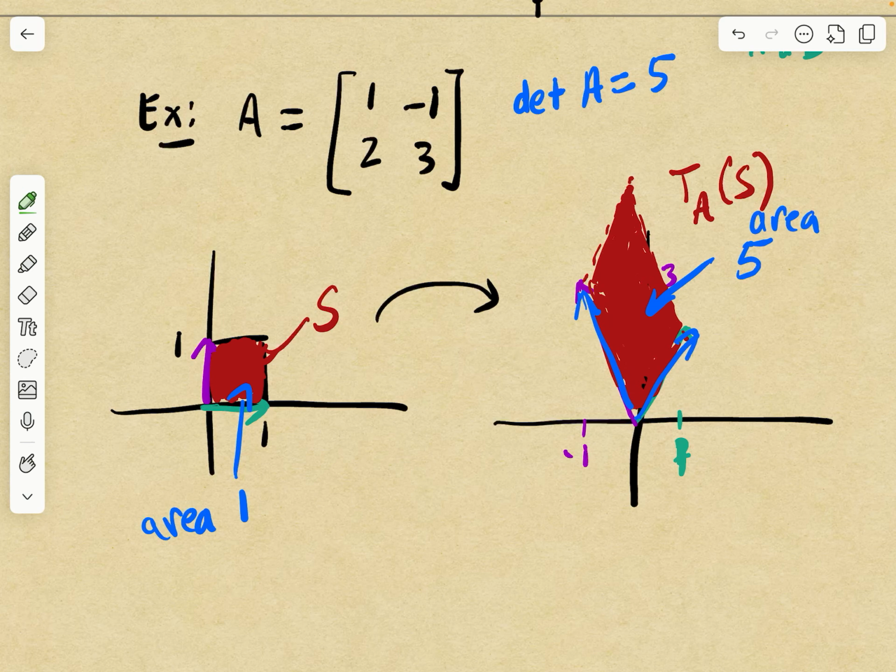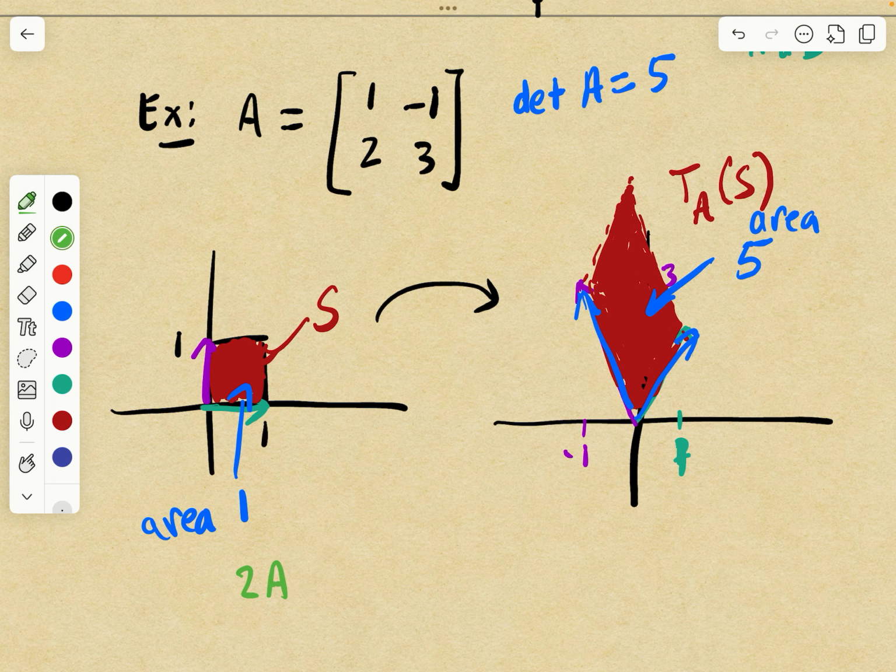And also if you stretch A by a certain factor, let's say you multiply A by 2, so you're going to get 2, negative 2, 4, 6. What happens to the determinant? It gets multiplied by 4, right? Because it's 2 squared. So the absolute value gets multiplied by 4.